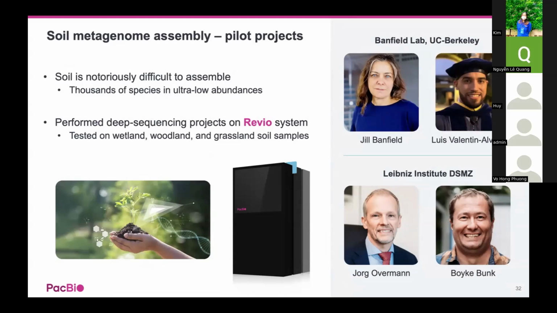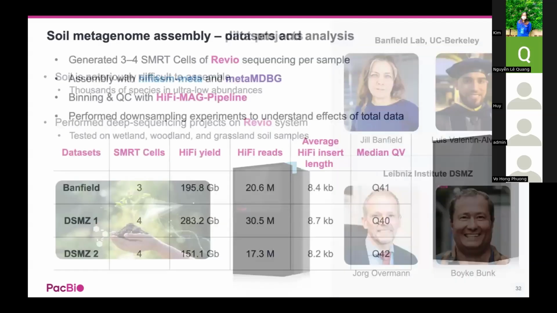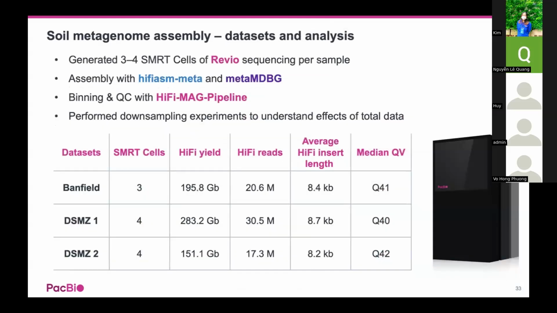So we performed deep sequencing on three different types of soil samples, including wetland, woodland, and grassland, using our Revio system. And we generated 3 to 4 SMRT Cells on Revio per sample. We assembled them using our two current best assemblers, Hi-Fi ASM Meta and metaMDBG. And then we conducted binning and QC, the post-processing, using our Hi-Fi MAG pipeline that's available on our GitHub.